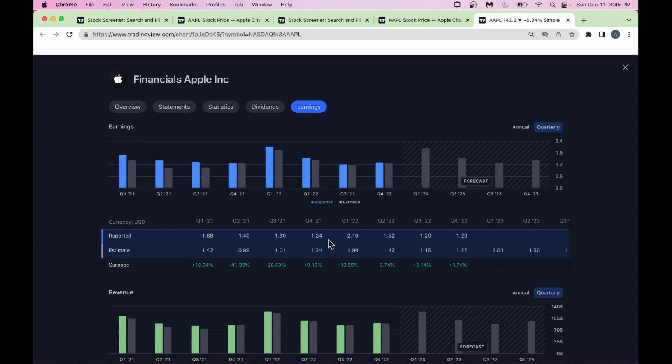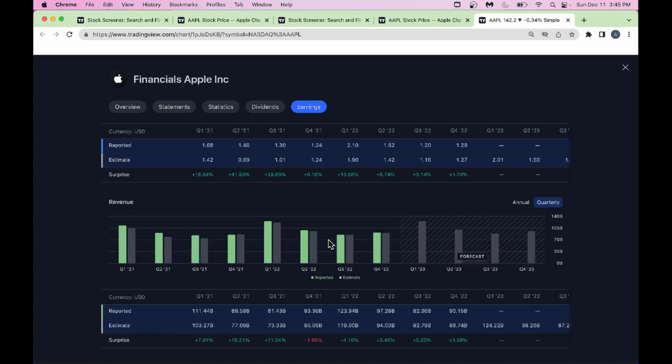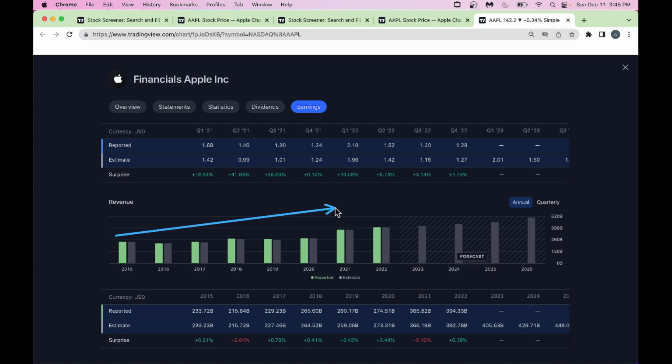All right, so next is the revenue here. Look, Apple is also doing very well from a revenue perspective. You could click on annual to begin with, just to get a bird's eye view. Look, annually, Apple is doing really great here. They're doing nice revenue. And look, they're actually doing slightly better than estimate. That's always good here.